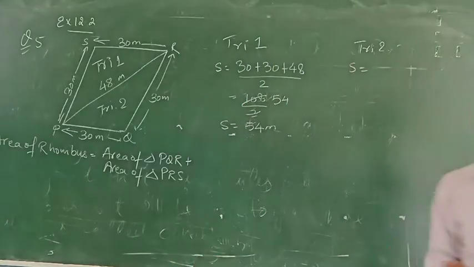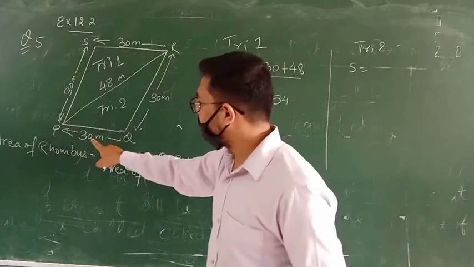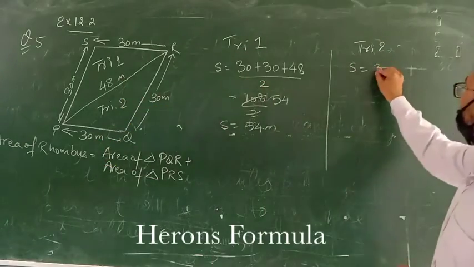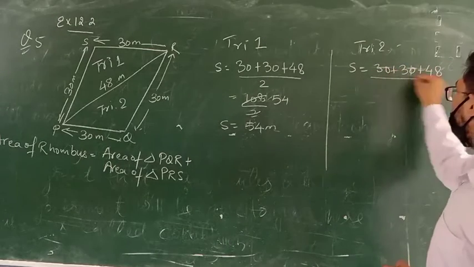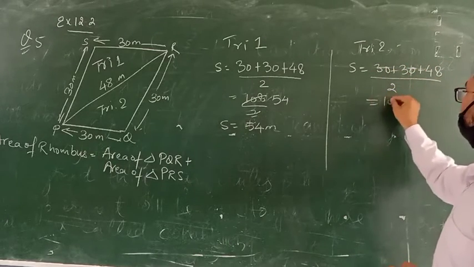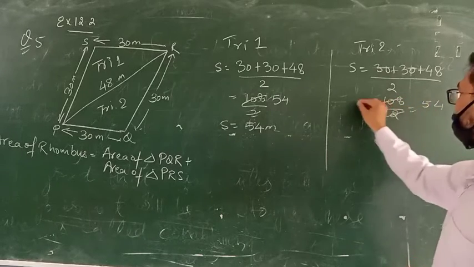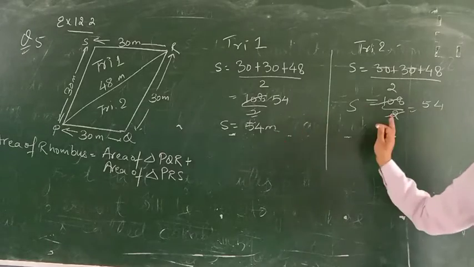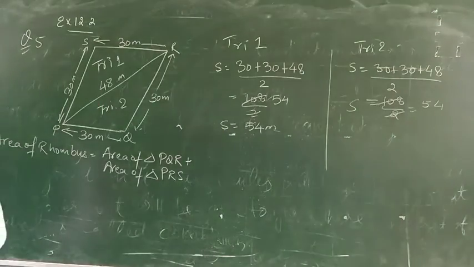Any doubt? Then for triangle 2, S is again 30 plus 30 plus 48 divided by 2, which is 54. The value of S is the same for both triangles because both are identical.